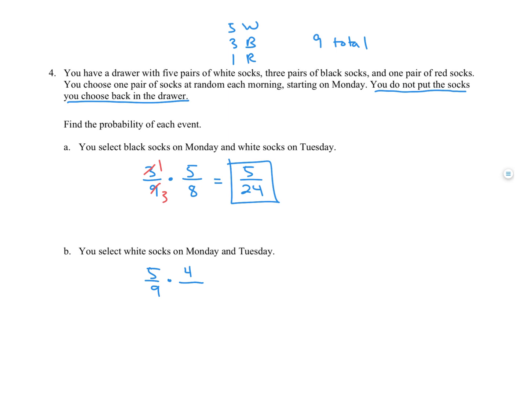And your total number of pairs of socks has been reduced to 8. So now we multiply. 4 over 8 can be reduced to 1/2. And we do top times top, 5, bottom times bottom, 18.